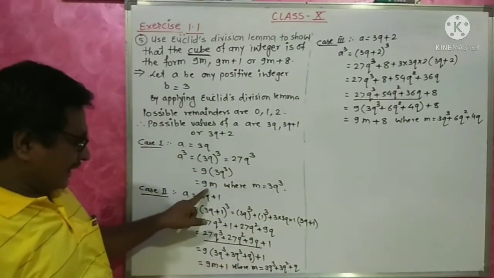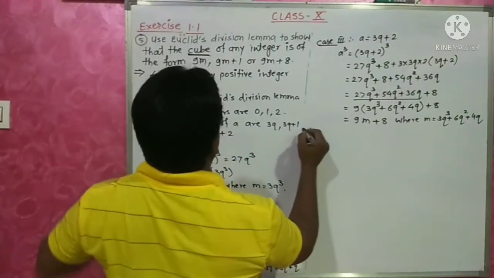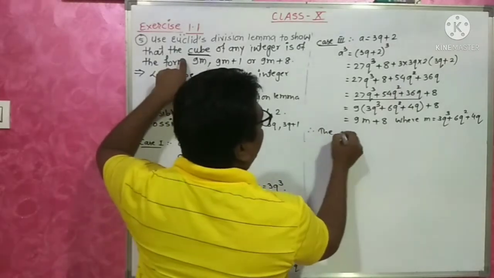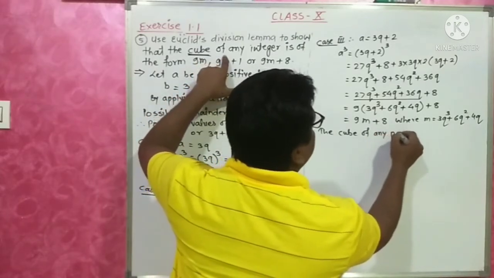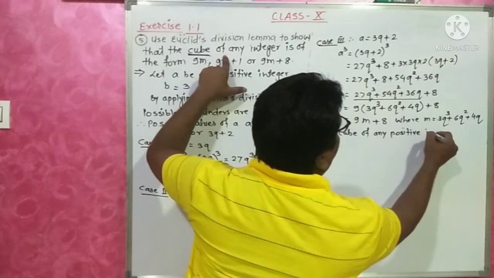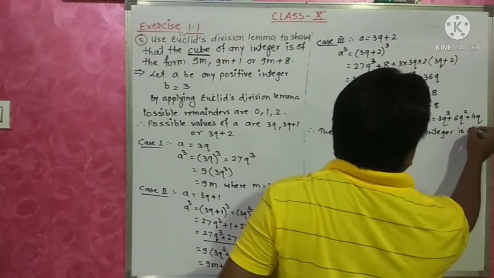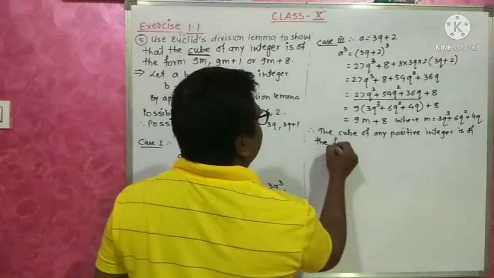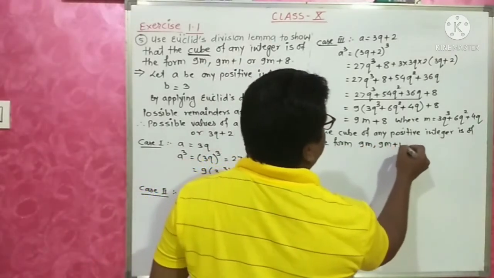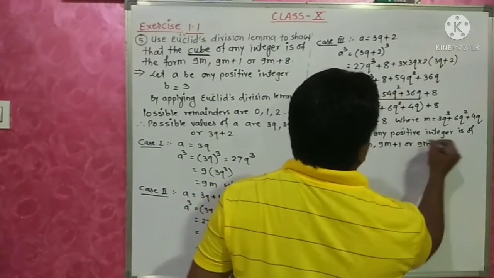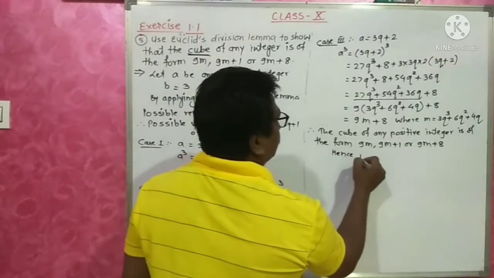So we got 9m, 9m plus 1, 9m plus 8. Therefore the cube of any positive integer is of the form 9m, 9m plus 1 or 9m plus 8. Hence true.